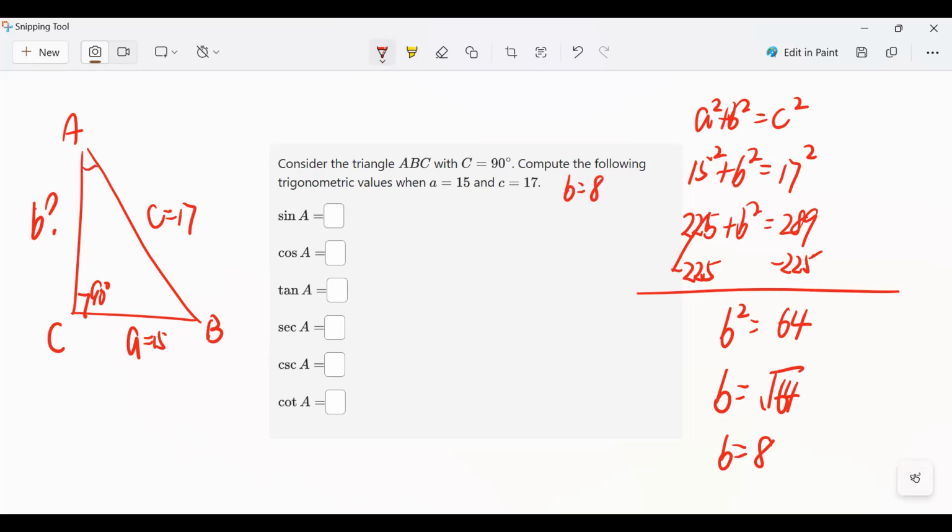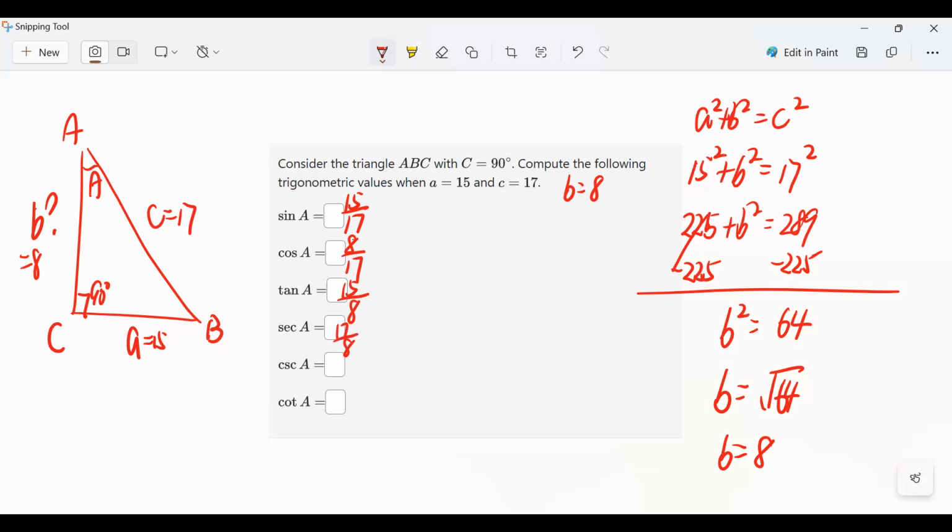Now, this is angle A. So sine A will be the opposite, 15 over 17. And cosine A is going to be b, which is 8, over 17. Tangent A is going to be a over b, so 15 over 8. Secant A is the reciprocal of the cosine, so 17 over 8.